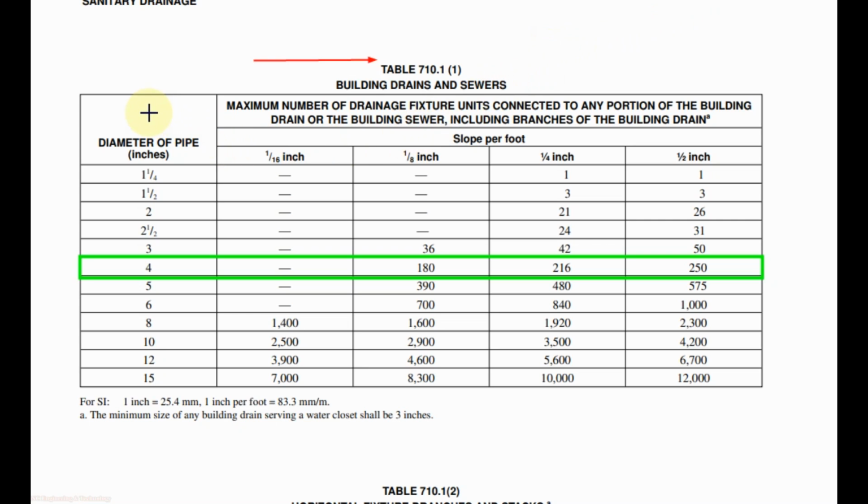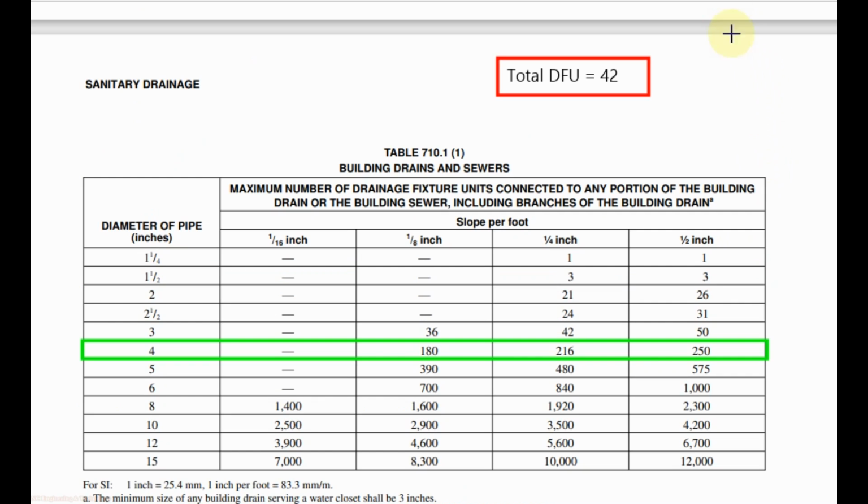You can see the first column is showing the pipe diameter and the second, third, fourth and fifth columns are showing the total number of drainage fixture units as per the slope of the piping. As we have total drainage fixture unit value 42, now we will select the pipe size using this table. We will use the slope 1/8 inch per feet, which is nearly 1%.